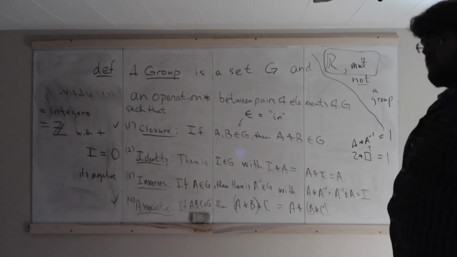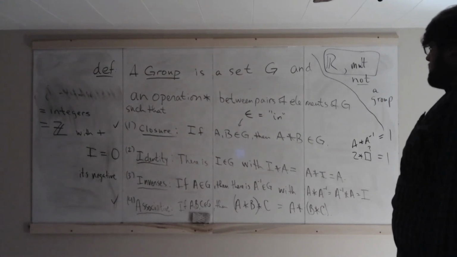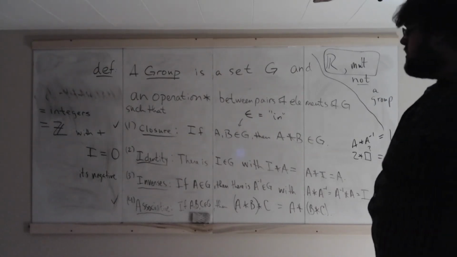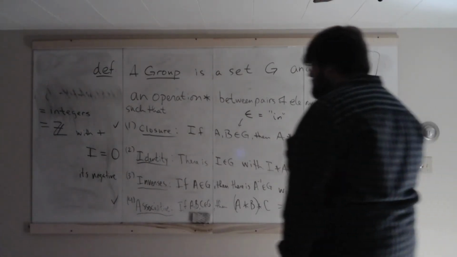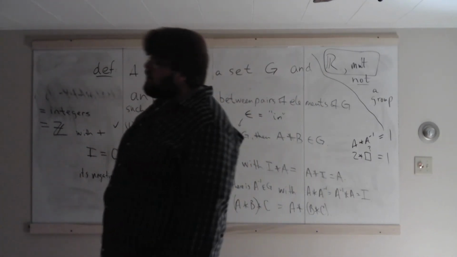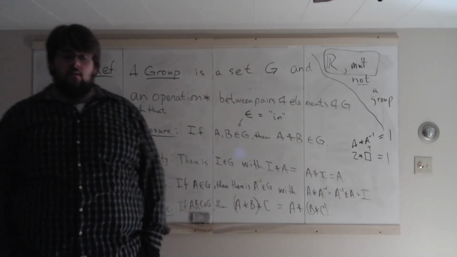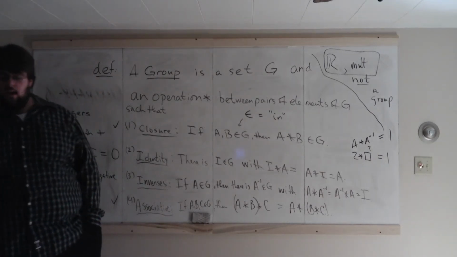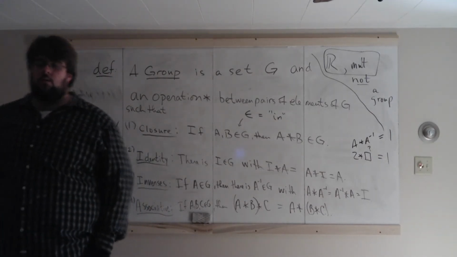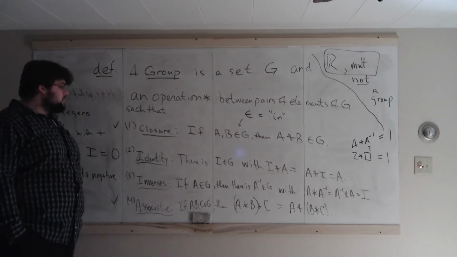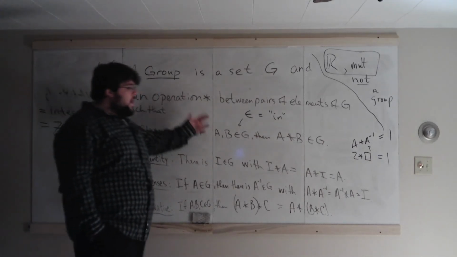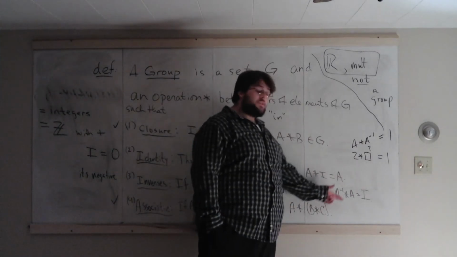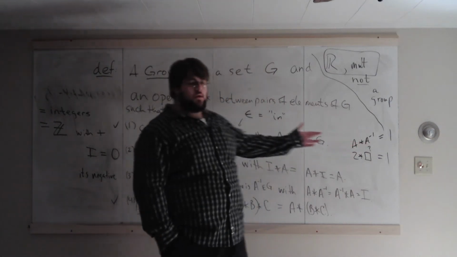Well, that works for a lot of them. If A equals 5, then you let the inverse be a fifth. If A equals root 5, you let the inverse be 1 over root 5. But what if A equals 0? If A equals 0, there's no way you can multiply 0 by something and get back to 1.